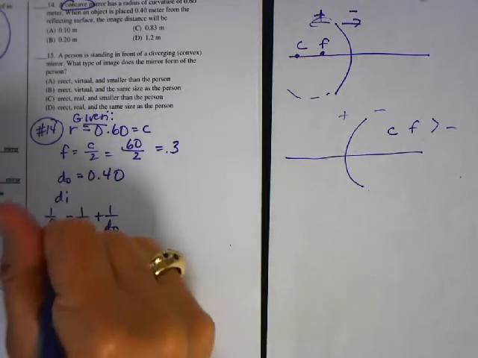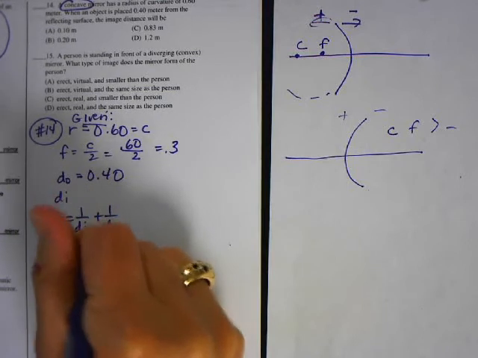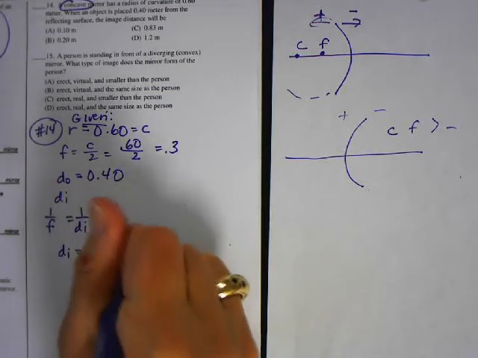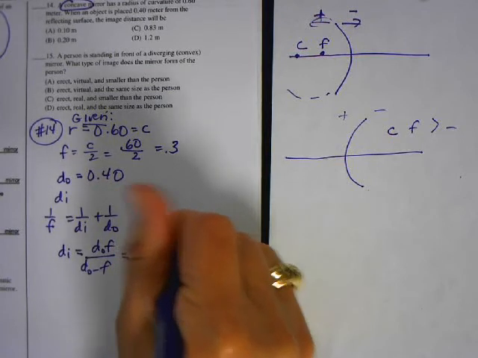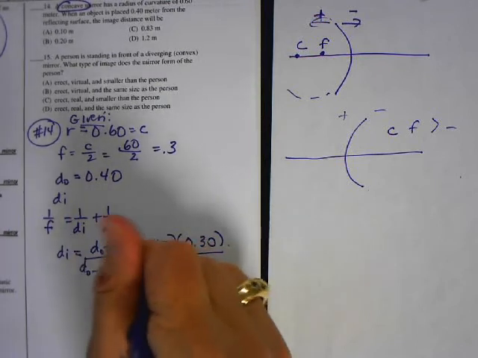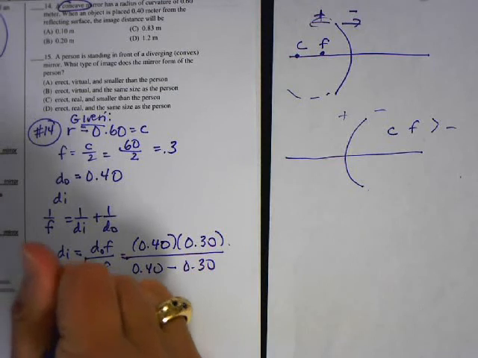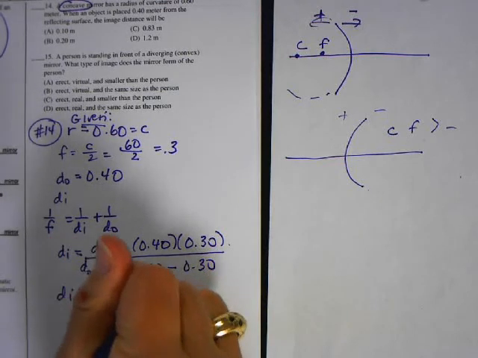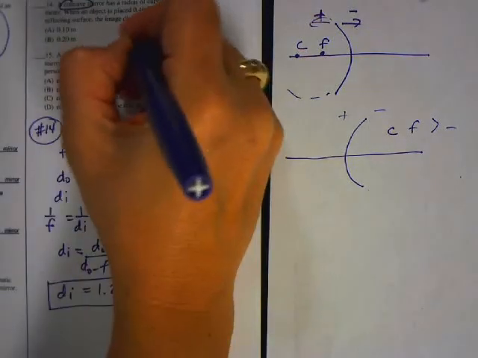So when we do that, DI is equal to DOF divided by DO minus F. So that's equal to 0.4 times 0.3, over 0.4 minus 0.3. So DI comes out to be 1.2 meters. And then my answer here would be D.